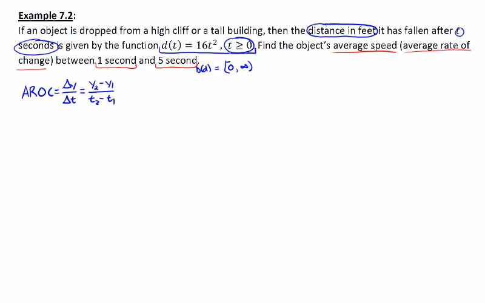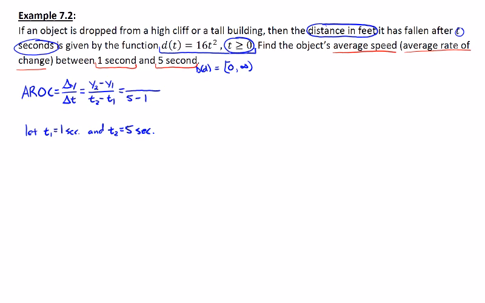Well, I say I have to decide, but some of this is already decided for me. It says between 1 second and 5 seconds. So that means I'm going to let t1 be equal to 1 second, and t2 is going to be equal to 5 seconds, which gives me half of my calculation, 5 minus 1.